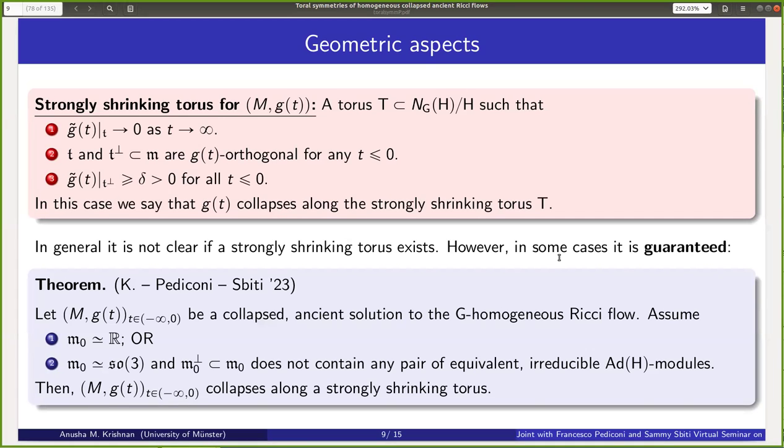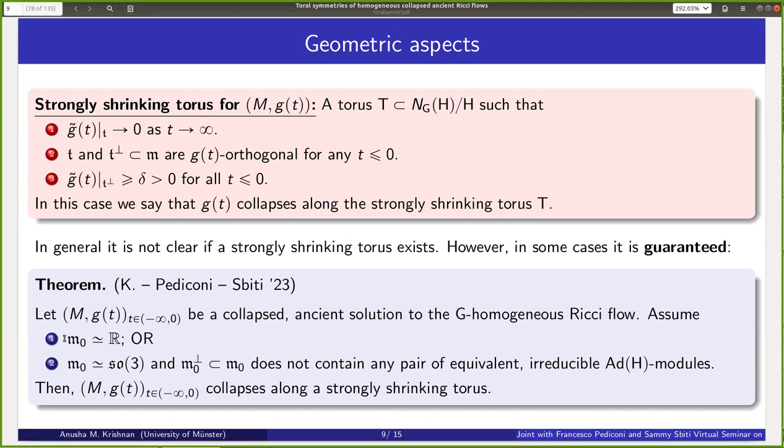M0 is one-dimensional. So in that case, it has to shrink along that R factor and not along the others. Yes. So doesn't that already follow from some of the other results? In this case, there's nothing to prove. It follows from previous results.